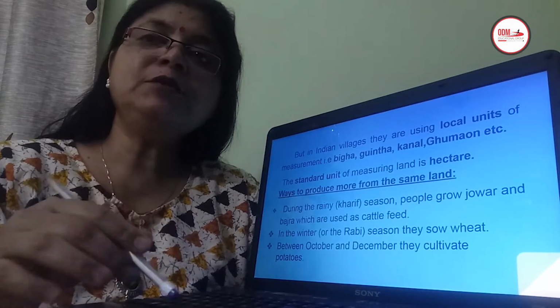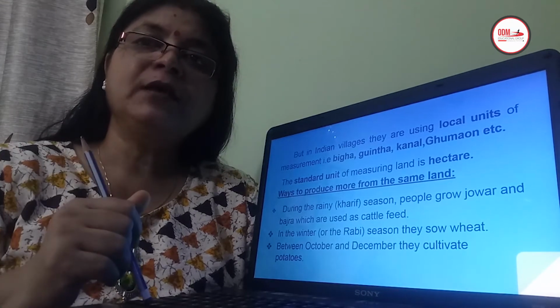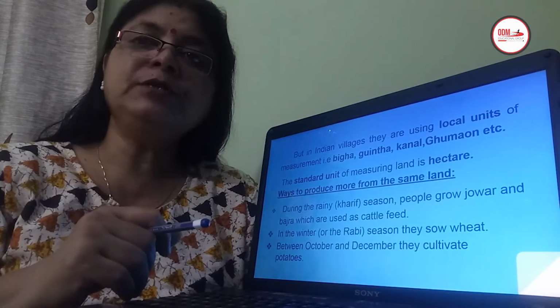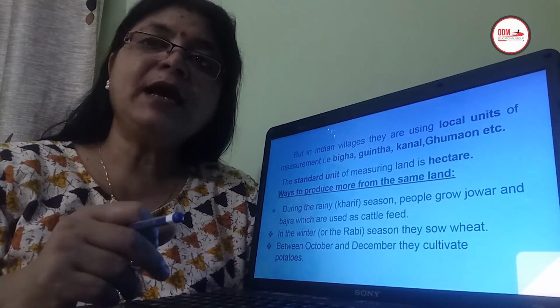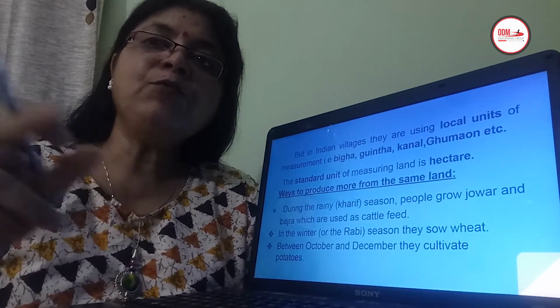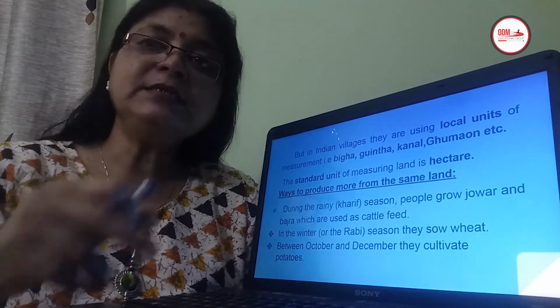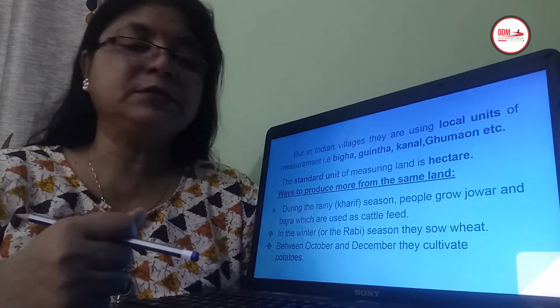The Palampur village people are producing kharif crops, rabi crops, and in between October to December they are also producing potatoes. Besides that, they are producing sugar cane, which requires 1 year to grow. So in such a way, the Palampur village is producing 3 varieties of crops.